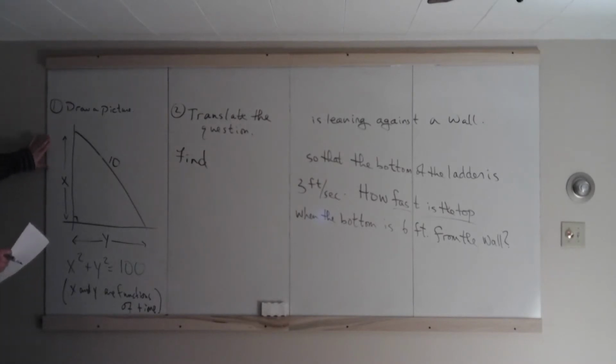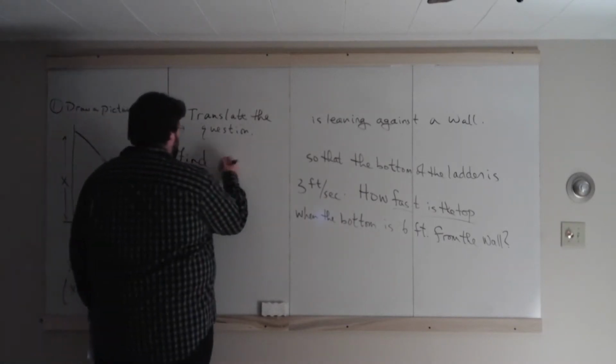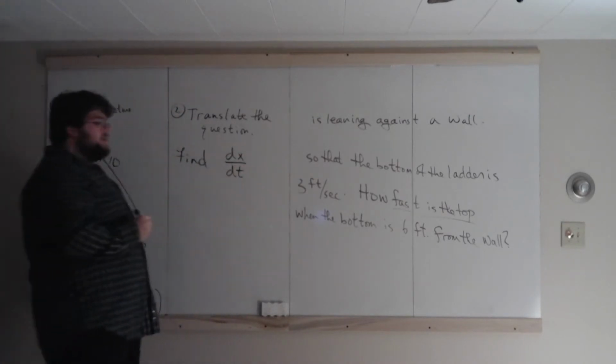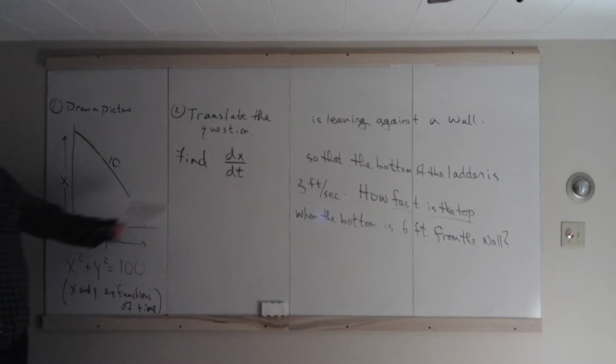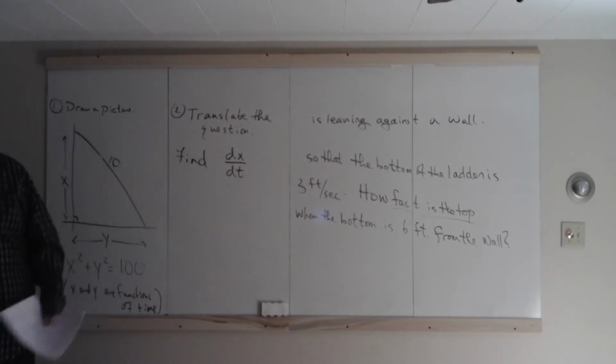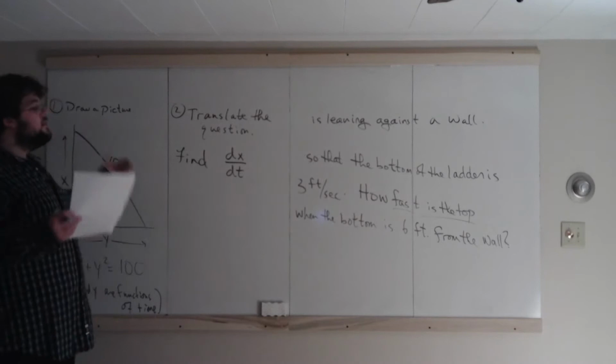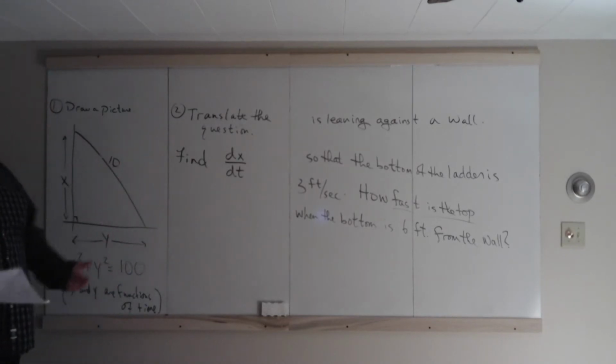X right here, this distance x tells us about the top of the ladder. So we're looking for how fast that's moving, interpreting that using derivatives. What we want to find is how x is changing as time is changing. With derivatives, that is dx/dt, the derivative of x with respect to time. So how x is changing as time is changing tells us how fast the top of the ladder is moving.